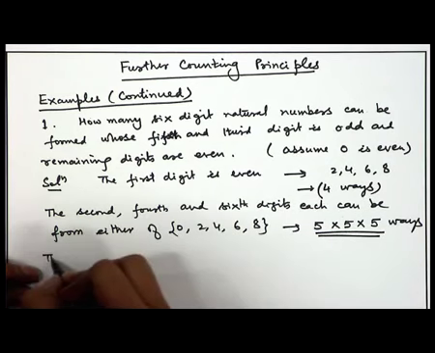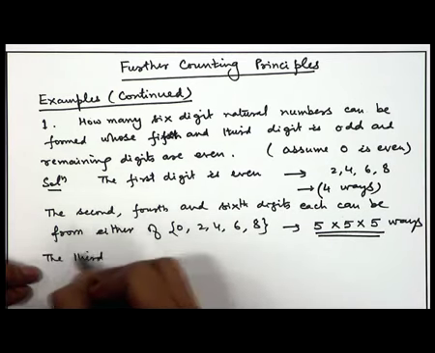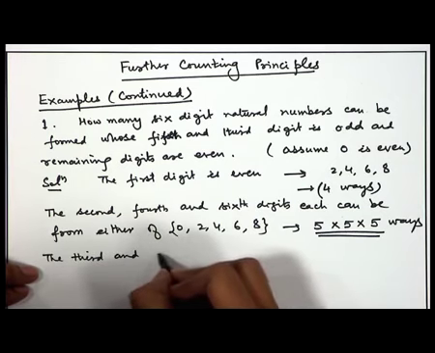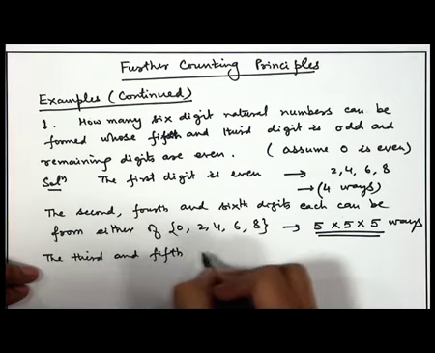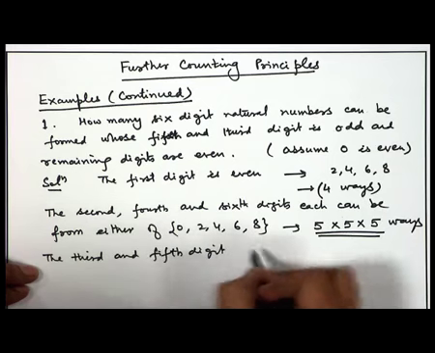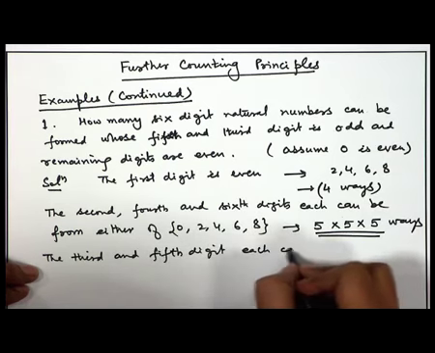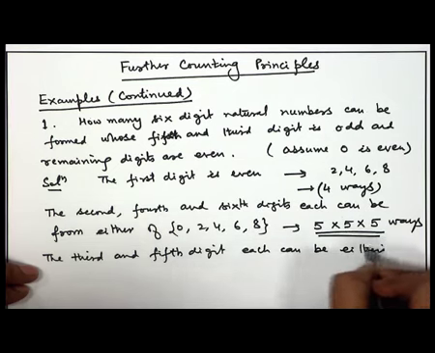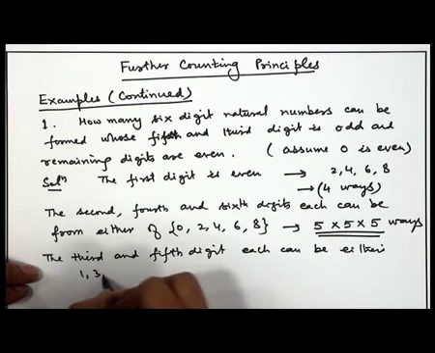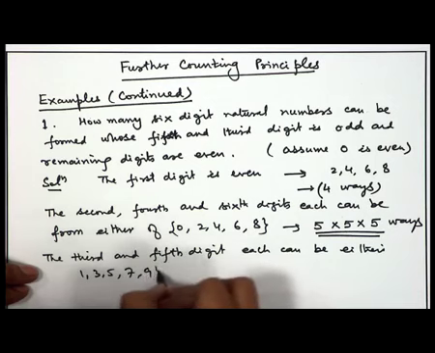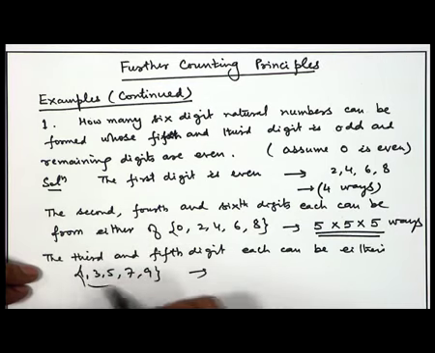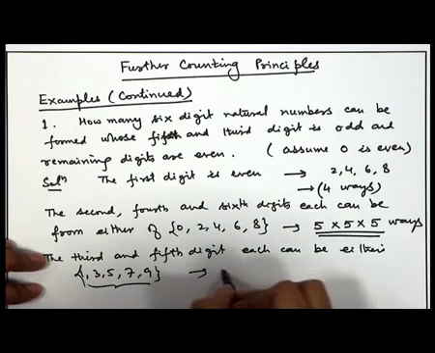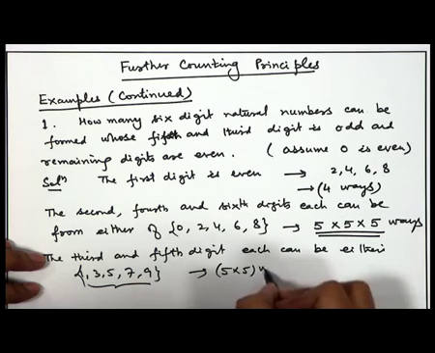Now, let us look at the third and fifth digits. Each can be either 1, 3, 5, 7 or 9. That means 5 different ways of choosing the third digit and 5 different ways of choosing the fifth digit, that is 5 into 5 ways.